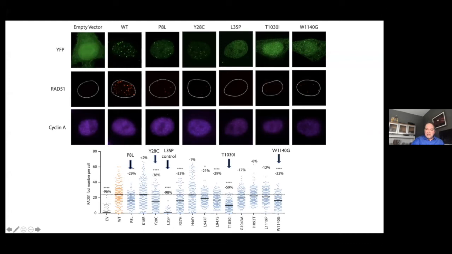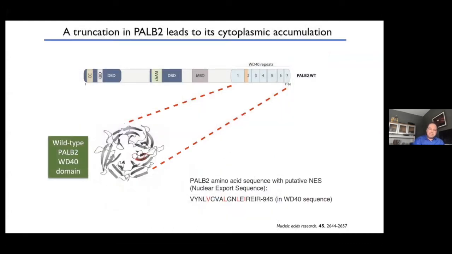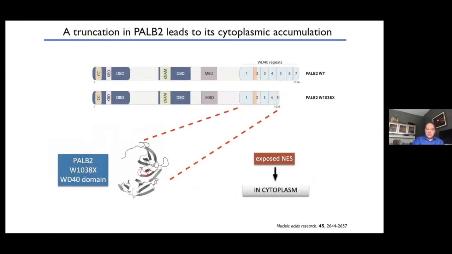This was very interesting, because a few years ago, we have shown that if you truncate the double D40 domain of PALB2, you reveal a nuclear export sequence, as shown here. So if you use a truncated mutation, which is found in cancer, you reveal this NES sequence, and PALB2 can accumulate in the cytoplasm.